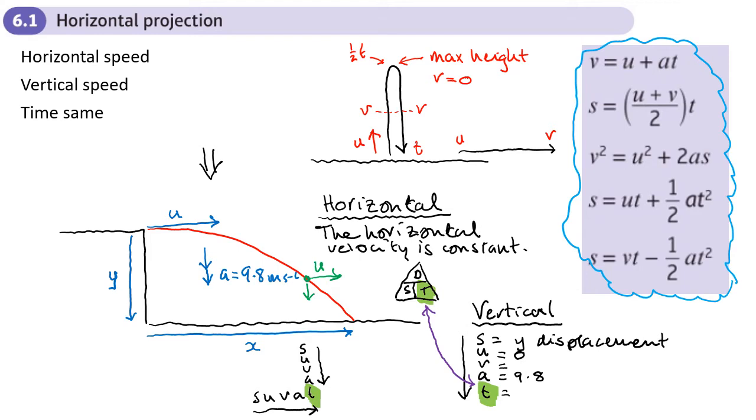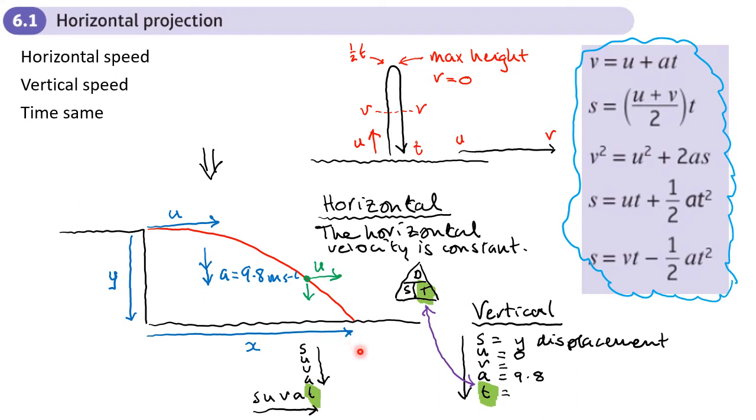So for example, if I worked out the time it took horizontally to reach the ground over here, I can substitute that time into the time vertically it takes to reach the ground. So the time it takes to reach the ground is the same horizontally and vertically. That's what links the two.